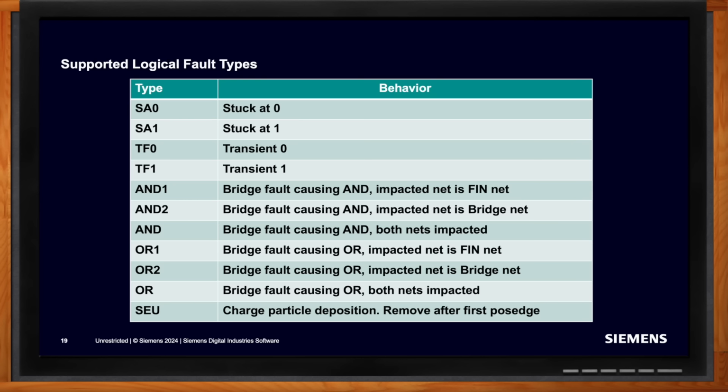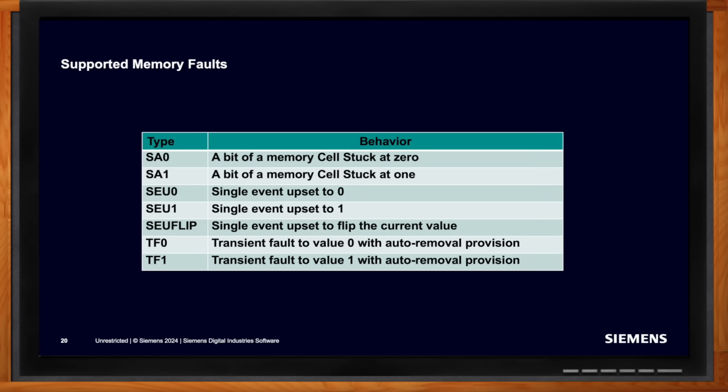What about memory faults? Okay, so memory faults are a little bit different just because memory is a very different structure than a logical fault. So we support the standard stuck-at type. We also support the standard transient fault. And then finally, we built out the single event upset because memory can be tough to understand what value is currently in the memory.